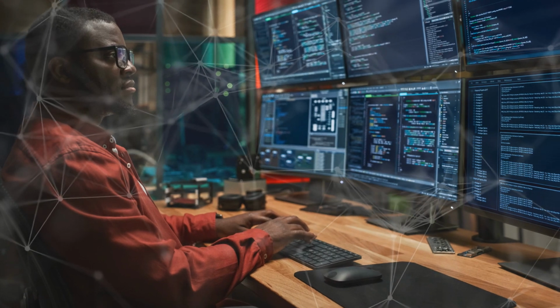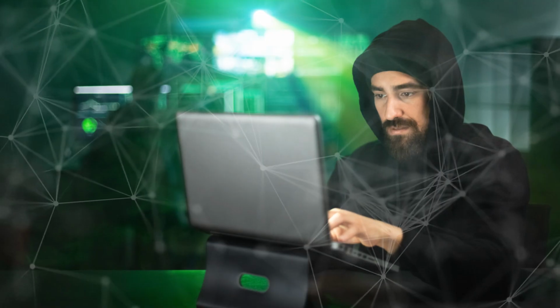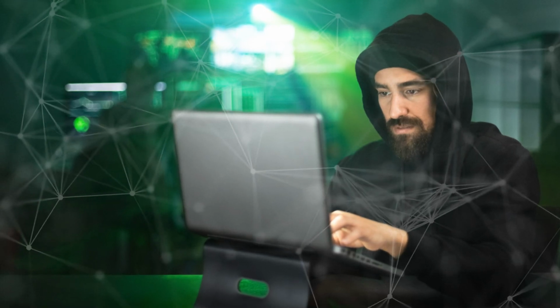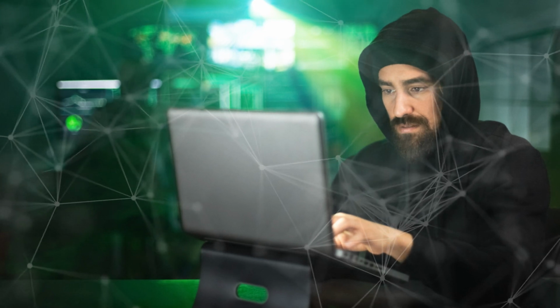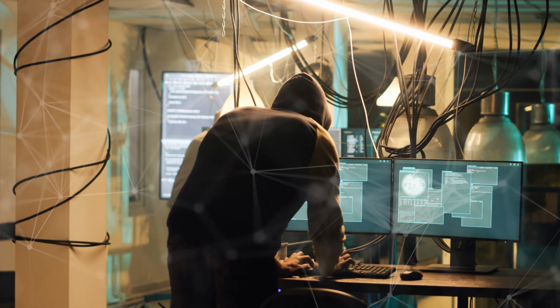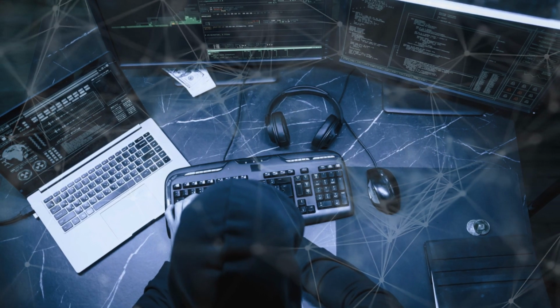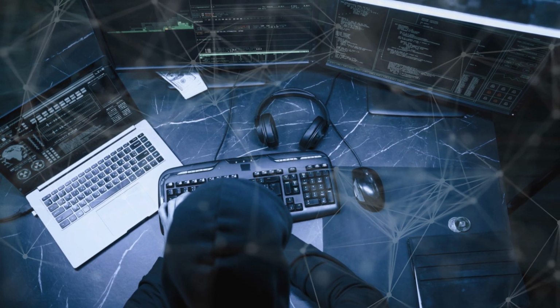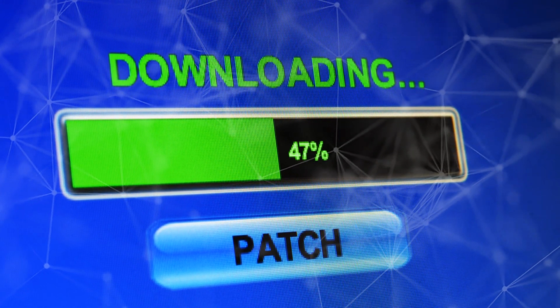The discovery of a zero-day vulnerability is a complex and often secretive process. It's a pursuit undertaken by individuals and groups with varying motivations, from ethical hackers driven by bug bounties to malicious actors seeking financial gain or espionage. One avenue of discovery involves meticulous vulnerability research. Another method involves reverse engineering software patches. When a vendor releases a patch, it often contains clues about the vulnerability it fixes.